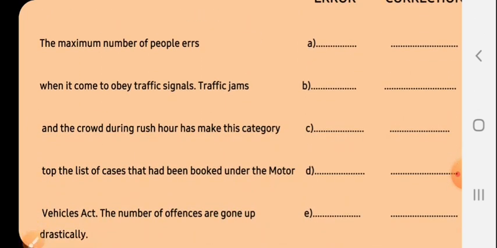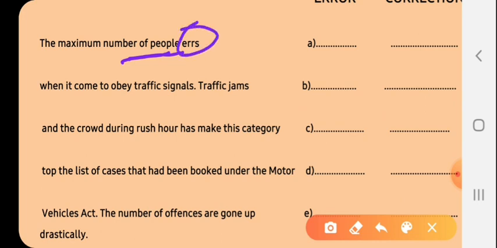Let's see another example. The maximum number of people as. Here subject is plural. So plural verb must come in the sentence. As I told you in the starting, we have to be very careful regarding verbs, preposition, conjunction, noun, pronoun. As is singular.